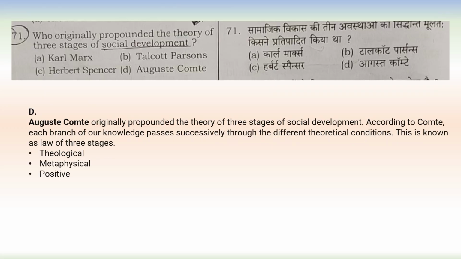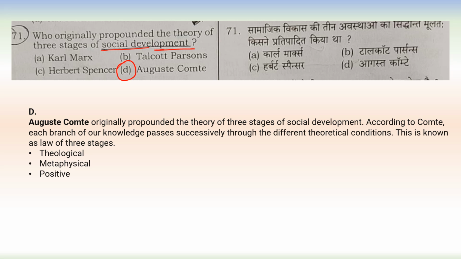Next one, who originally propounded the theory of three stages of social development? The three stages of social development were propounded by Auguste Comte.